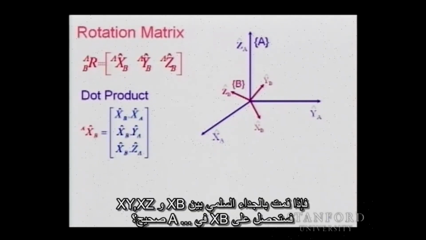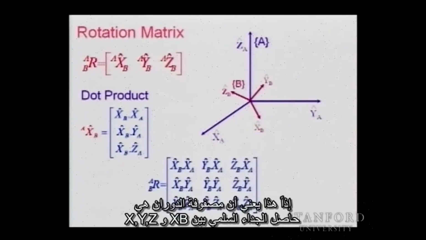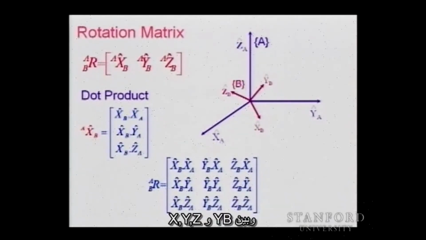If you do the dot product of xb with x, y, and z, you will obtain xb in A. Right? You agree? Good. So the rotation matrix is essentially the dot products of xb with x, y, and z, yb with x, y, and z, zb with x, y, and z. Right?